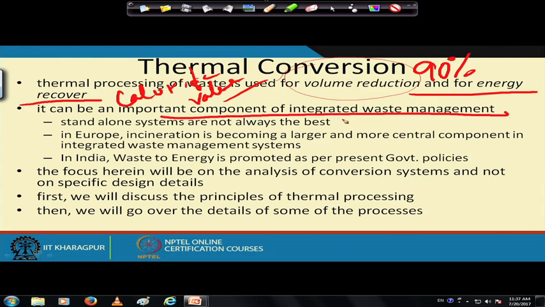Standalone systems are not always the best. You cannot just have a waste to energy system. If somebody comes to you and tells you that we'll set up a waste to energy plant, let's take a small city example, say Kharagpur. I'm sitting at the IIT Kharagpur campus.